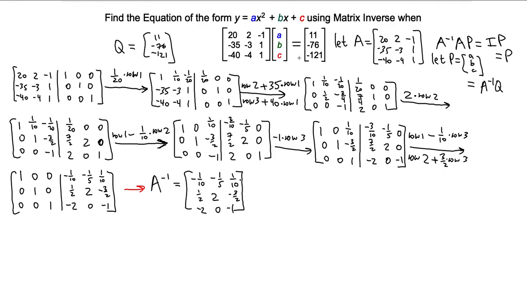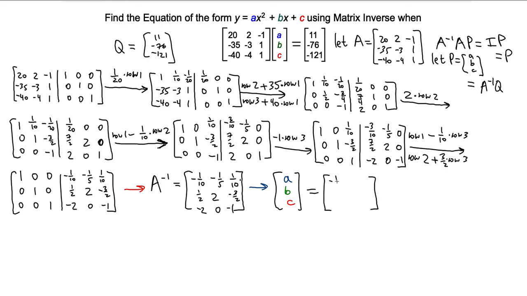But remember that in order to solve for P, P is going to be equal to the inverse multiplied by the Q. So matrix A, B, and C will be the product of the inverse times the Q matrix, the matrix on the right side, right?